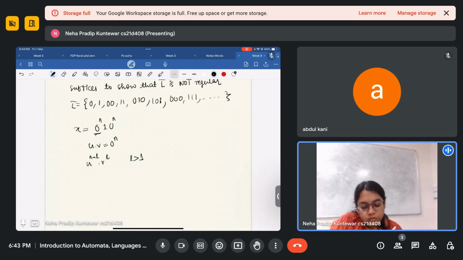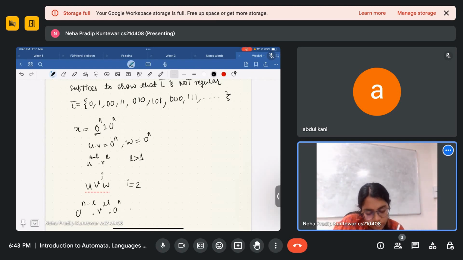Now let's do the pumping. What does u v^i w look like? In this case, w is 0^n 1 0^n. For i equals 2, this would be 0^(n-l) followed by v^2, that is 0^(2l), followed by the rest, which is nothing but 0^(n+l) concatenated with 1 0^n.